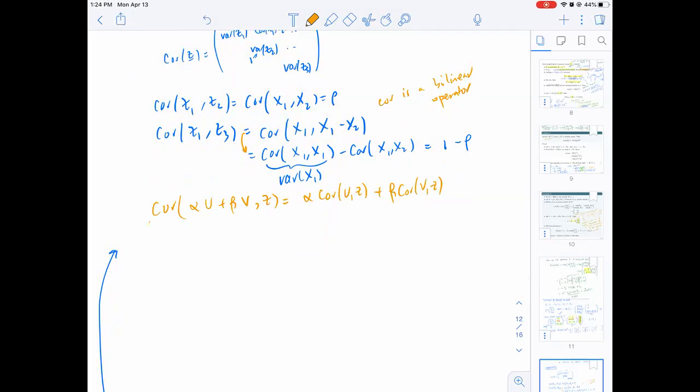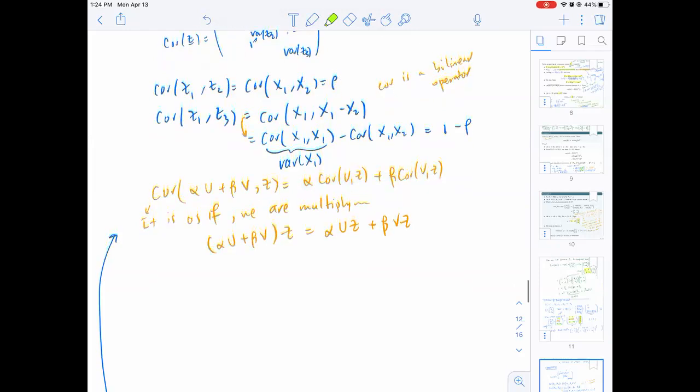It is as if we are multiplying. So it's like alpha u plus beta v times z. If you expand it, you get alpha u z plus beta v z. You can look at this and see the formula looks similar.